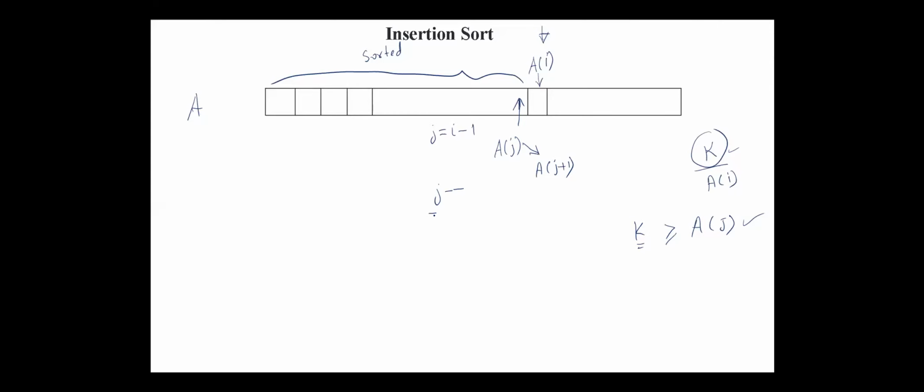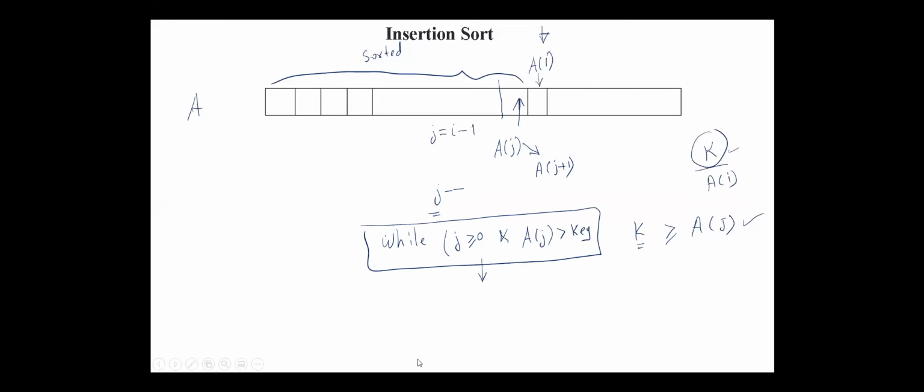and we decrement j. We continue this procedure while the condition j greater than or equal to 0 and a sub j greater than the key is true. If this condition is true, we move a sub j to a sub j plus 1, and we decrement j.